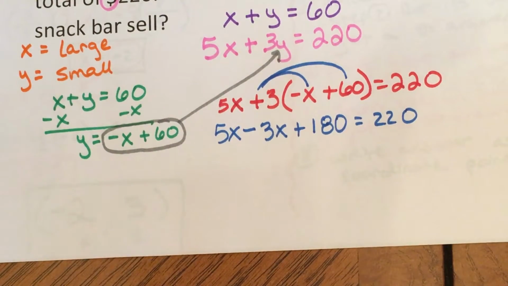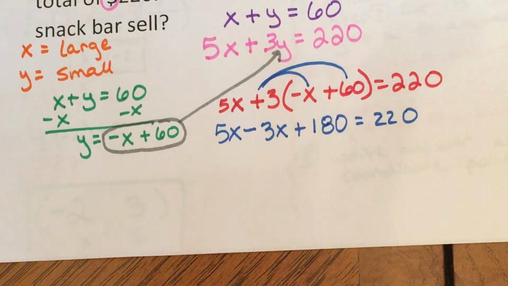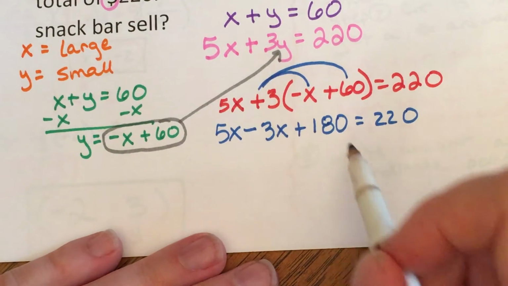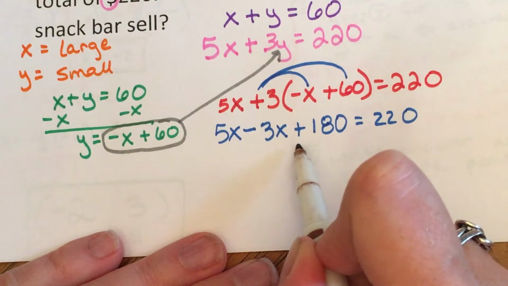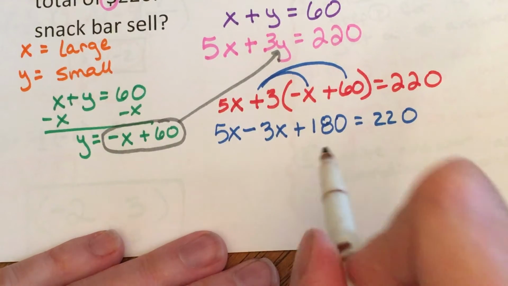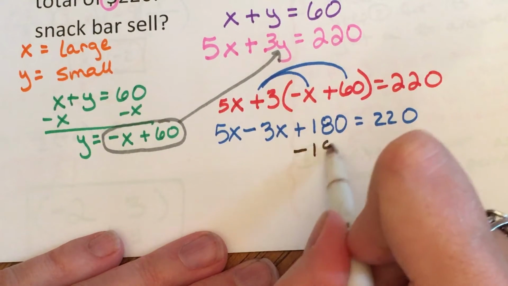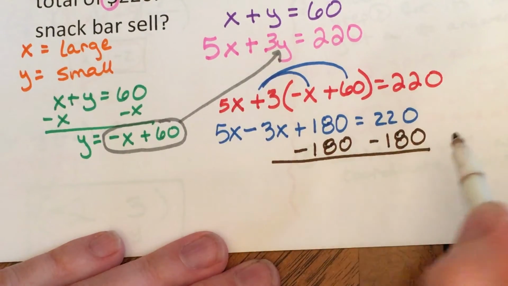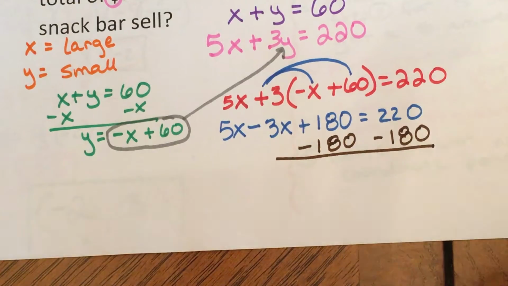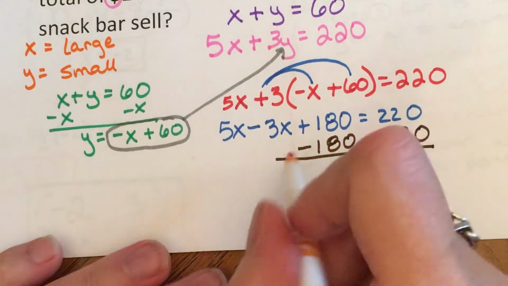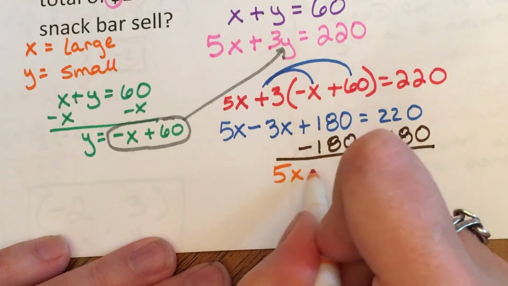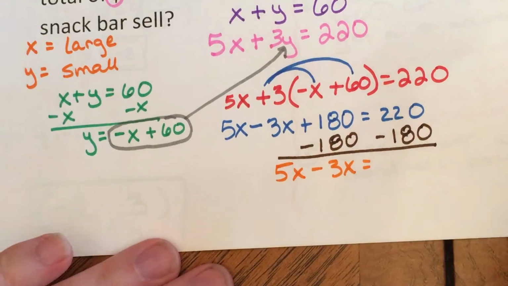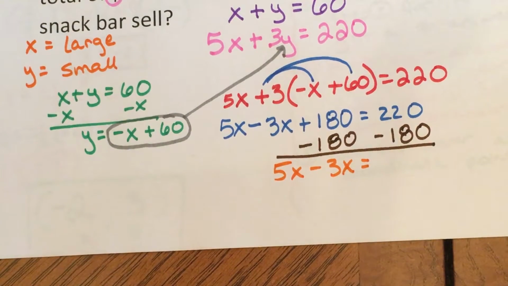All right, we've done the hard part. Let's go get it finished. Make it easy. I want to get rid of this 180. How do I do it? Subtract. What you do on one side, do to the other. 5x minus 3x. What is 220 minus 180?